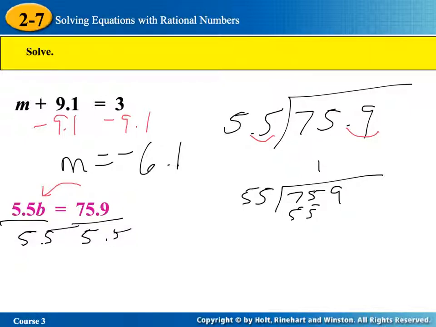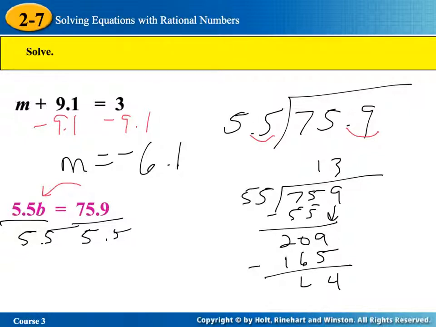When you subtract, you're left with 20. Are we done? No! We bring down this 9. 55 into 209. How many times? 3 times, because 55 times 3 is 165. So now we subtract these two and we get 44.